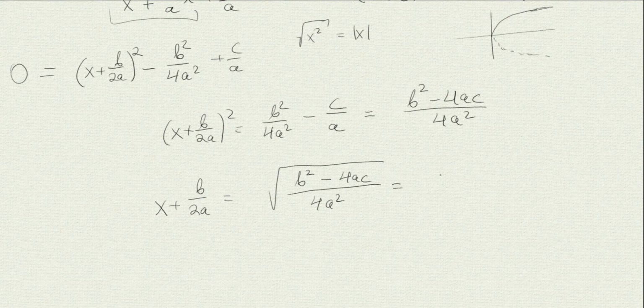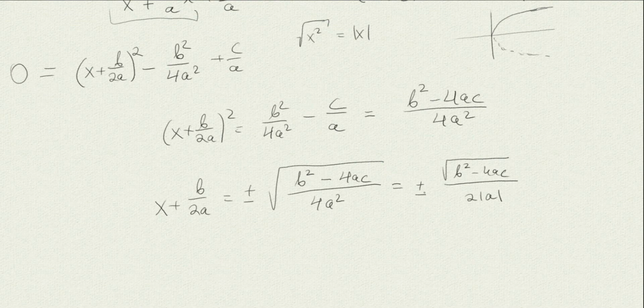So we would write this as, but we have here two possibilities. Since we are looking for all the x's such that (x + b/2a)² would be equal to this, we have here a plus or minus sign. So here we need to write b² − 4ac, and here, strictly speaking, we need to write the absolute value of 2a.